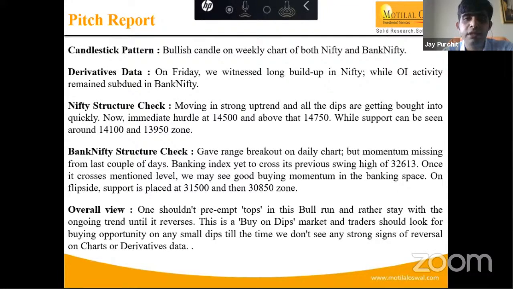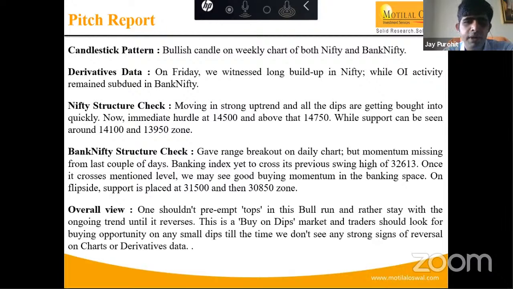But this is not the market to go short around the resistance levels. Rather, once you see a breakout from the resistance, be on the long side. While the support is inching higher, as of Friday it was around 14,100 and 13,950. Now, with today's movement, the immediate support is around 14,230 kind of levels.